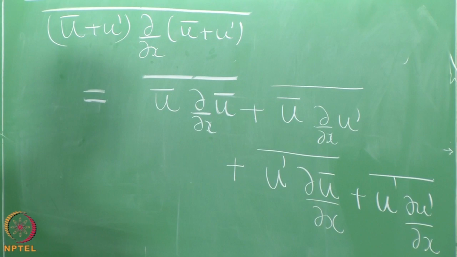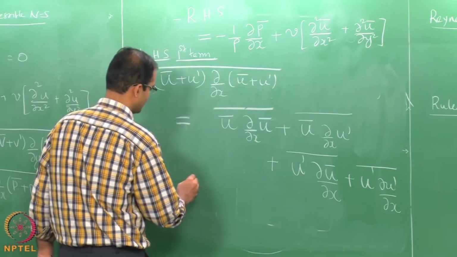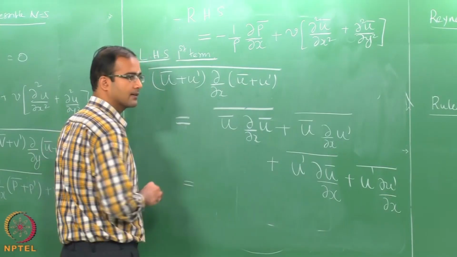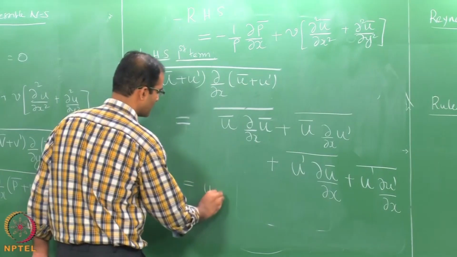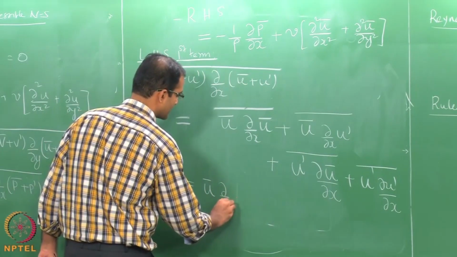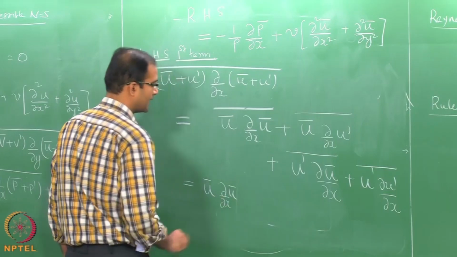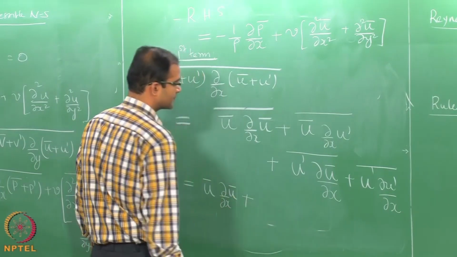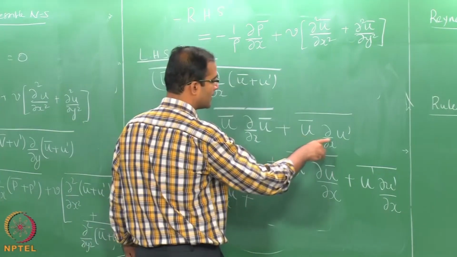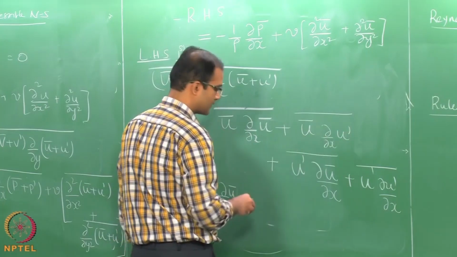So, now we can apply the averaging rule. What will it be for this case? U bar d by dx of u bar, which is fine, plus u bar d by dx of u prime bar, which will be 0.